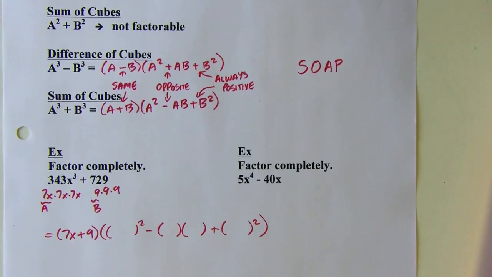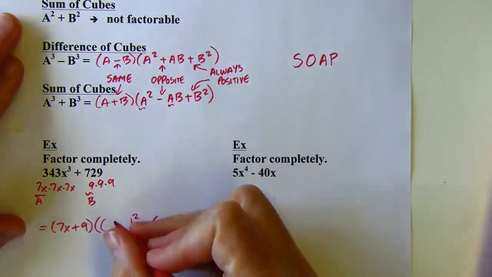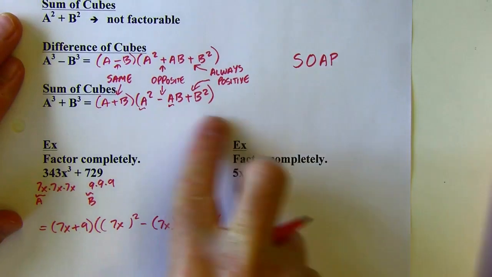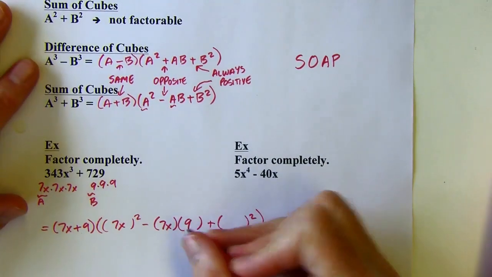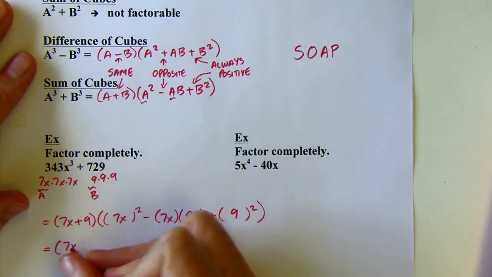Otherwise, it's really easy to mix up your signs. So these first two slots here are the A slots right here and here, right? So that's where I'm going to put the 7x. And then the last two slots are the B slots in the trinomial, so that's where the 9s go. Okay? So I'm going to leave this binomial alone. That's just going to stay 7x plus 9.